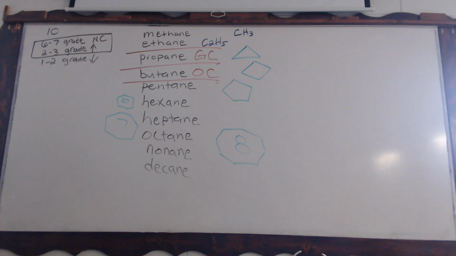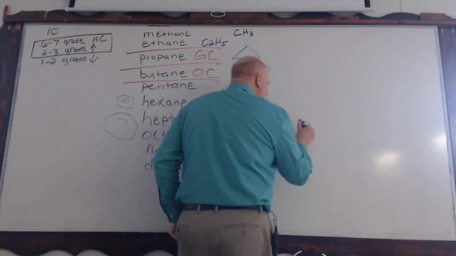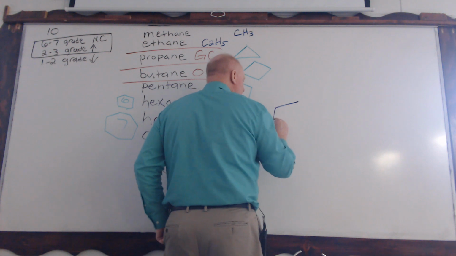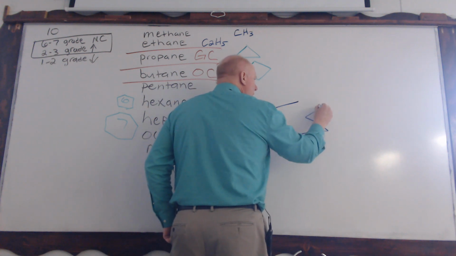Like on a test, would it have to be in that shape, or if I make it look stupid, would that matter? Just don't make it look stupid. Well, we don't want you to do it like with a heptagon. We don't want to see something like that.